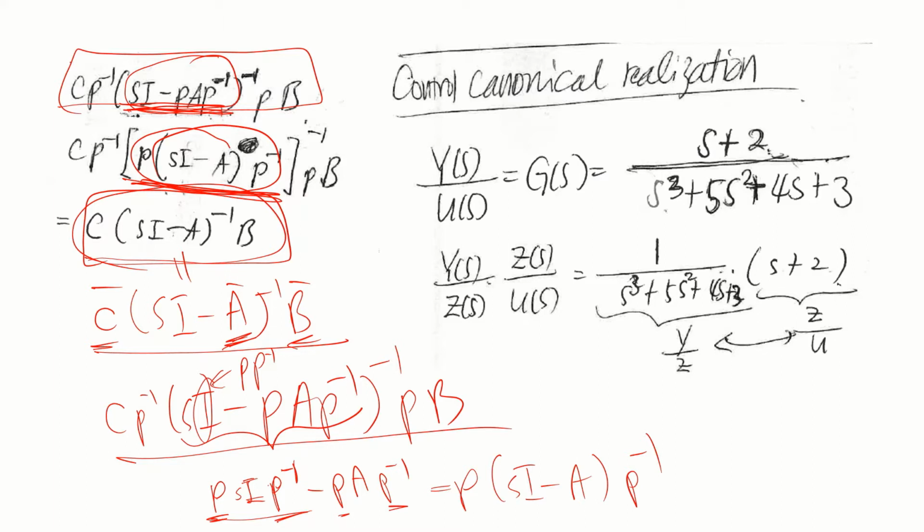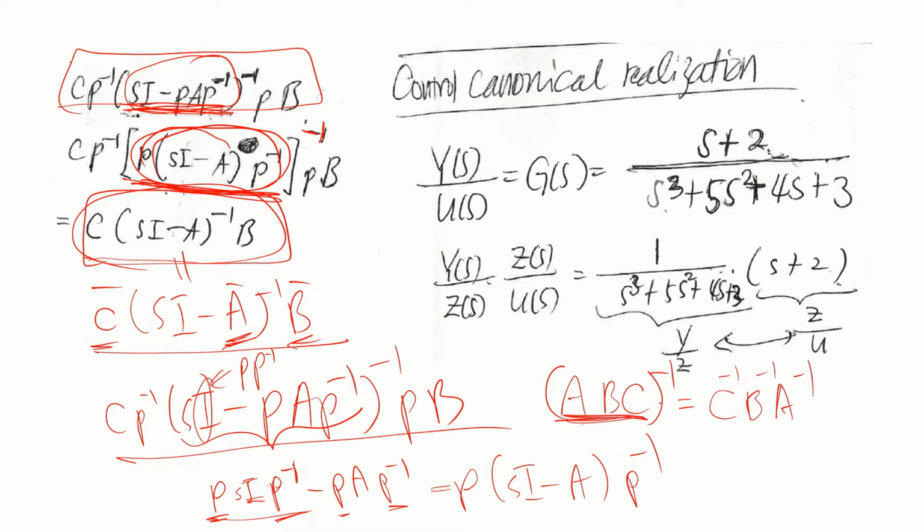And then next, now you have to take the inverse of this expression. When you take the inverse of a product of three matrices, basically you have to swap the order. So now it's C, B, A, and inverse, like this.